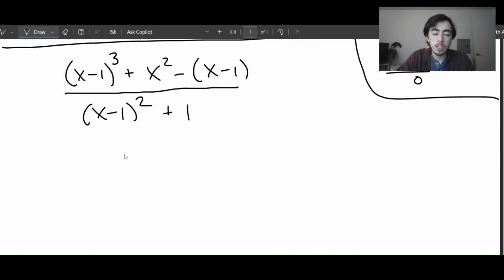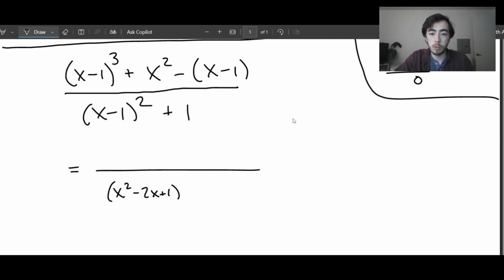I don't really see a good way forward besides just copying what I did already, expanding out the cube, expanding out the square, and then seeing if I can simplify anything in the top and bottom. So x minus 1 times x minus 1, why not? Let's do that first. That's going to be x squared minus 2x plus 1. And so this x minus 1 cubed will be me multiplying another x minus 1 with this.